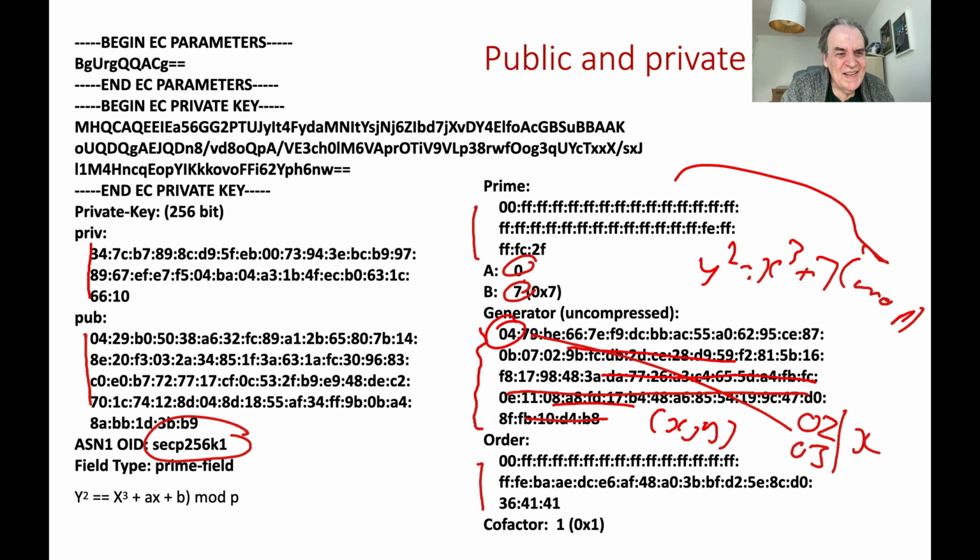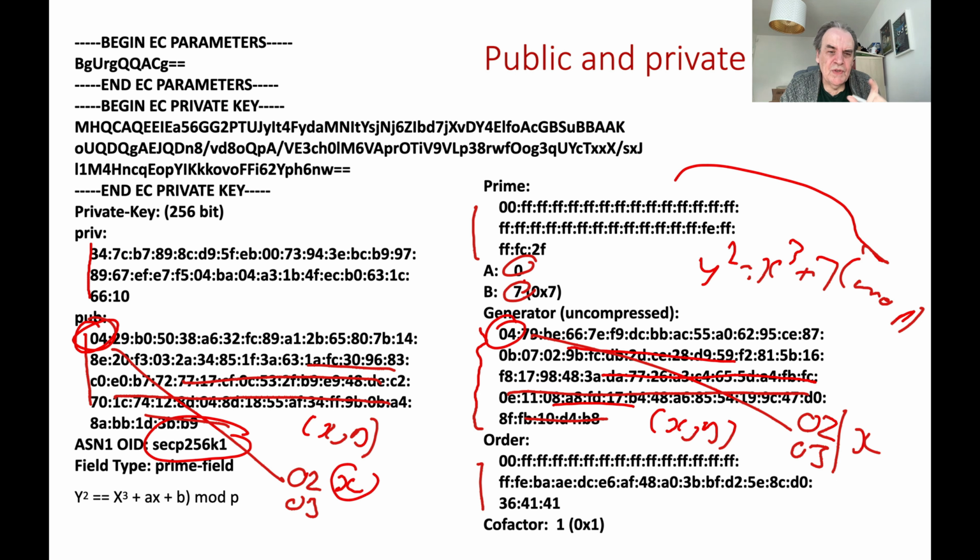So the 0,4 identifies uncompressed. And if we had a 0,2 or a 0,3, then we only store the x value here, and it identifies whether it's an odd or an even y value. So that compresses the point down. So this is uncompressed and this is compressed here.